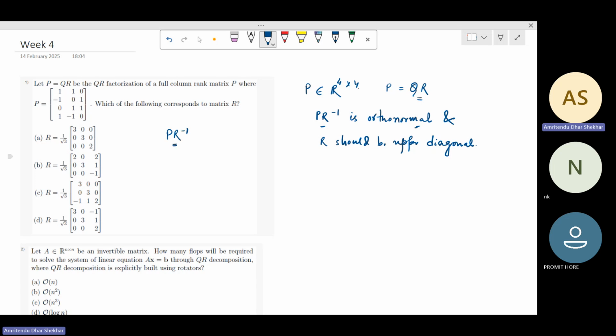So some of the options are obviously not feasible, like this one, for instance. This is not even an upper triangular matrix. For this matrix, the entries can be easily computed.